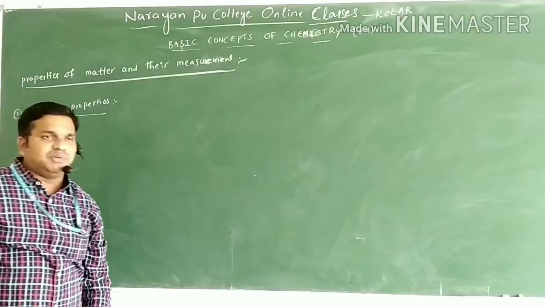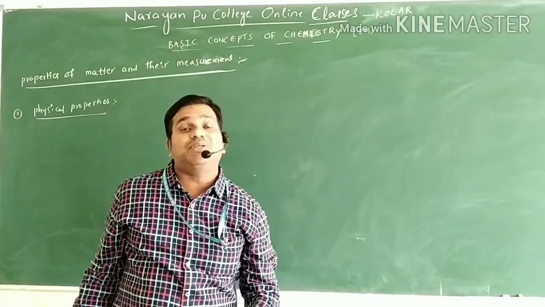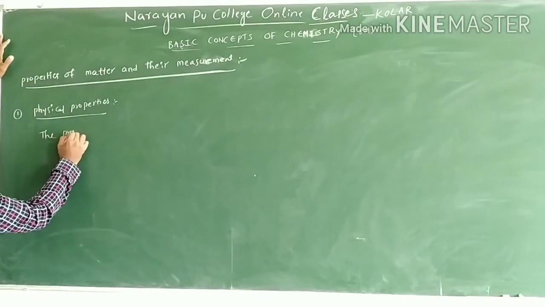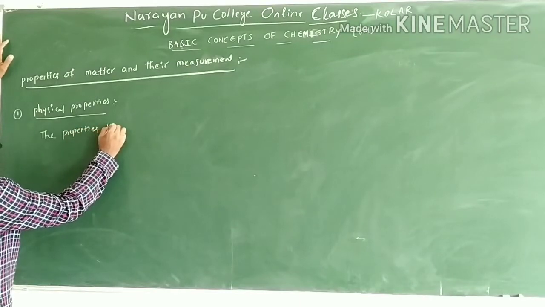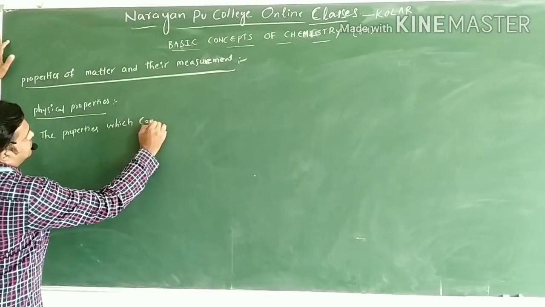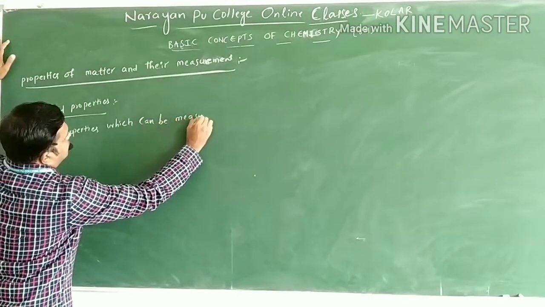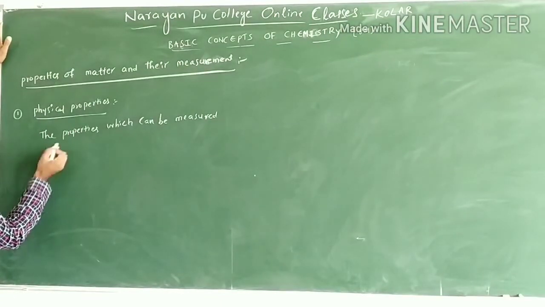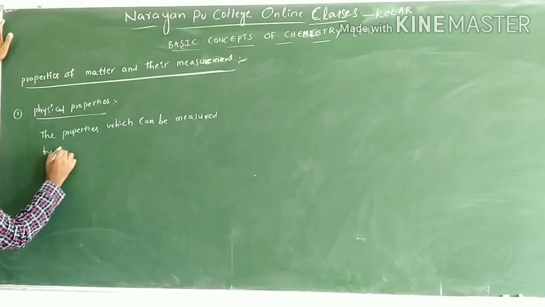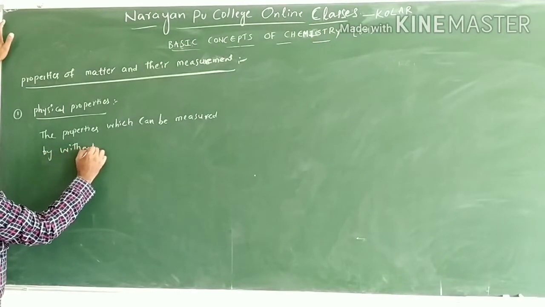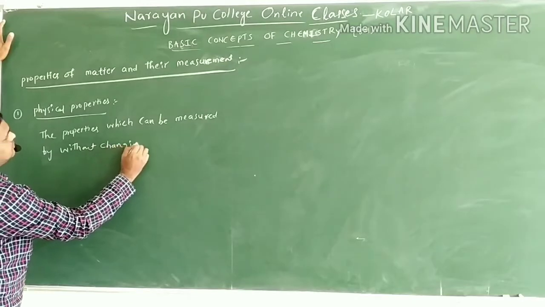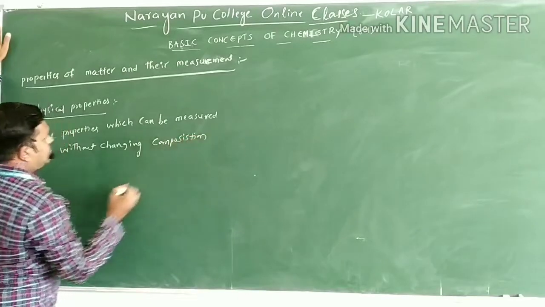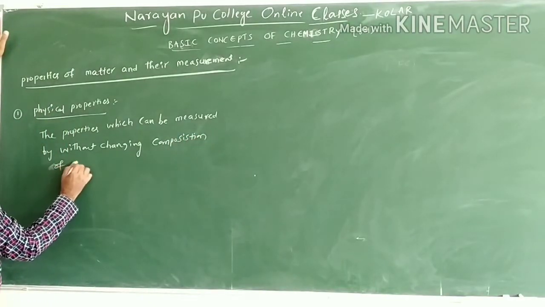The properties which can be measured without changing the composition of the substance.